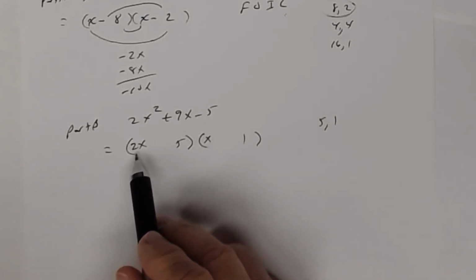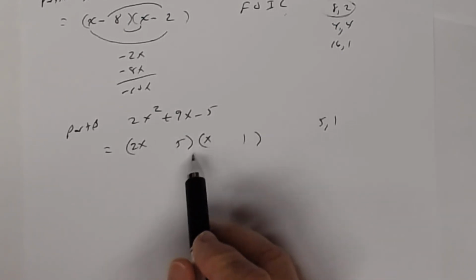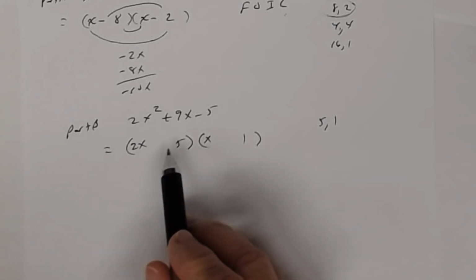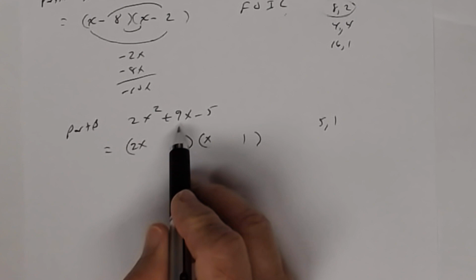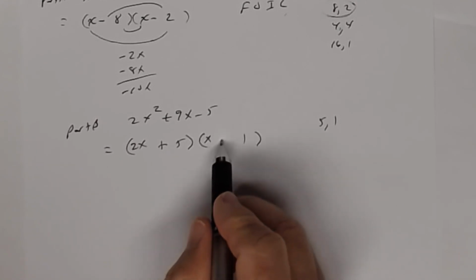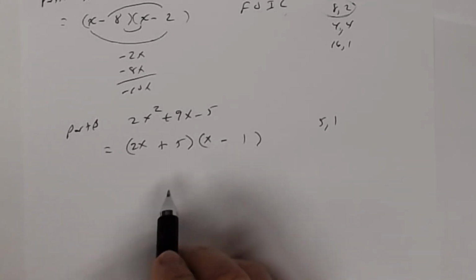So what that means is that if you look at the outer and the inner, which is 2x and 5x, the larger of those will take that middle sign. So this is 5x, this is 2x, so I'm going to put the positive here to get that positive 5x, and I'll put a negative here to get a negative 2x.